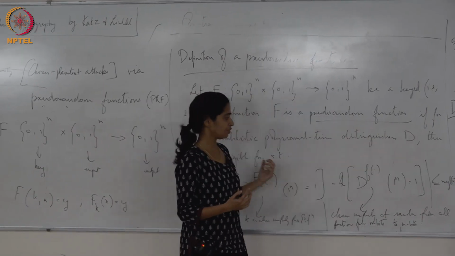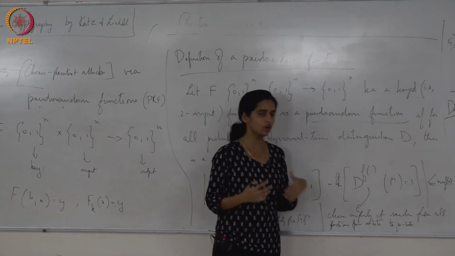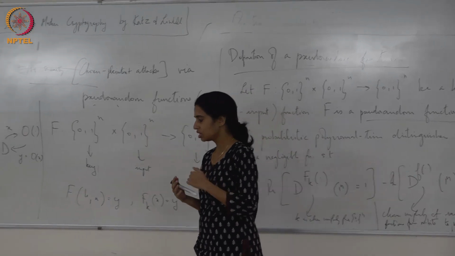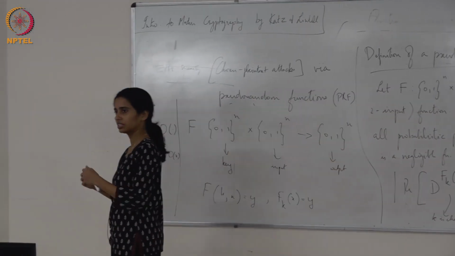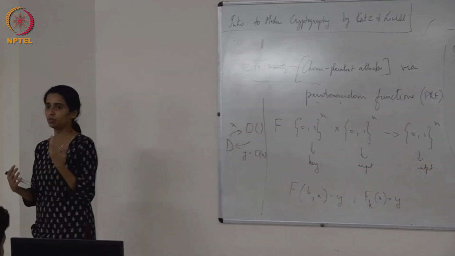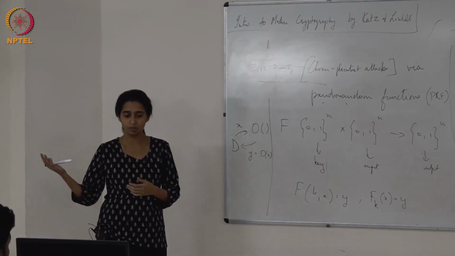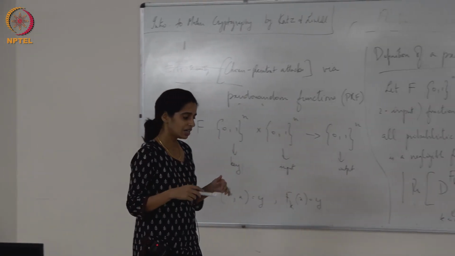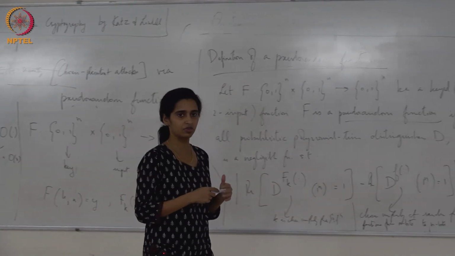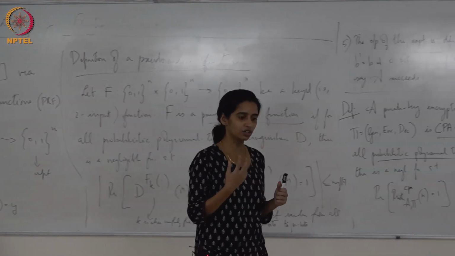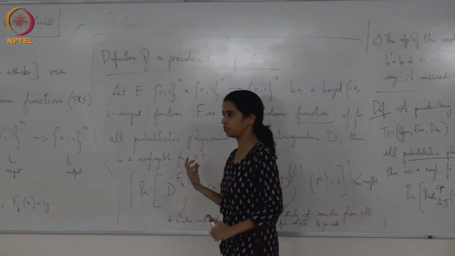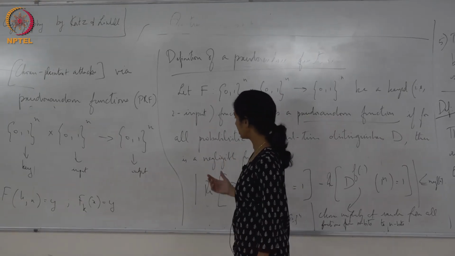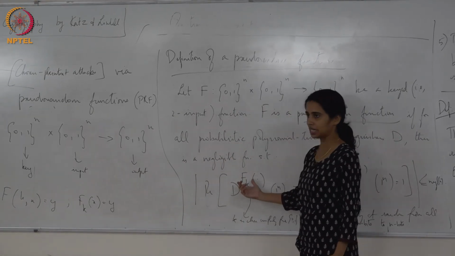The reason for this is the following. What we really want is to somehow be able to make use of a random function when we build randomized encryption algorithms for CPA security. We need some source of randomness, and the source of randomness is coming in via this PRF.